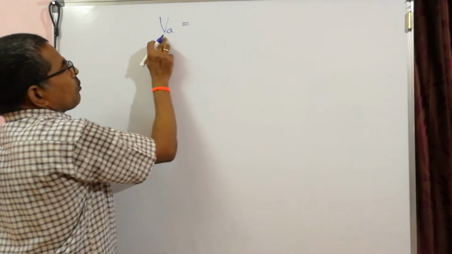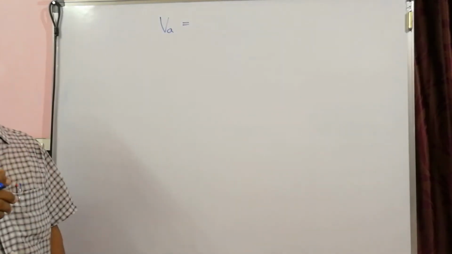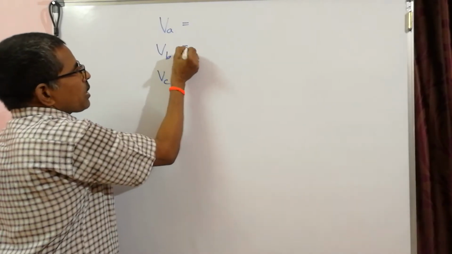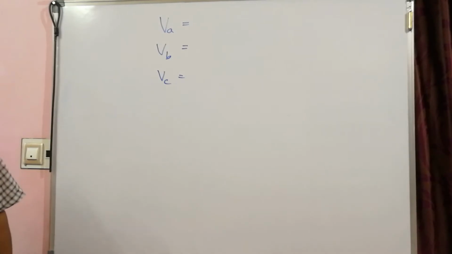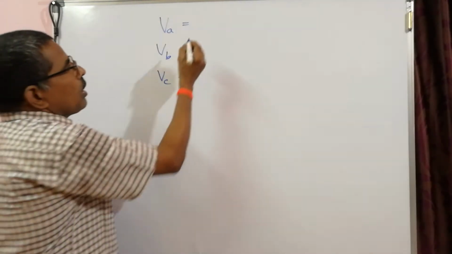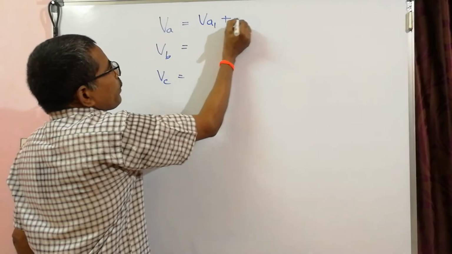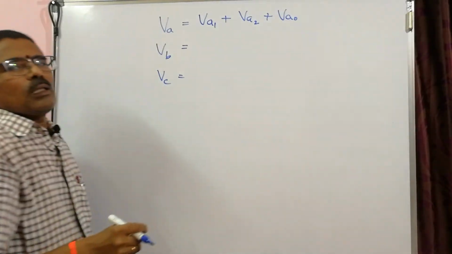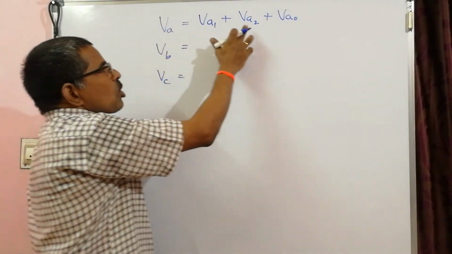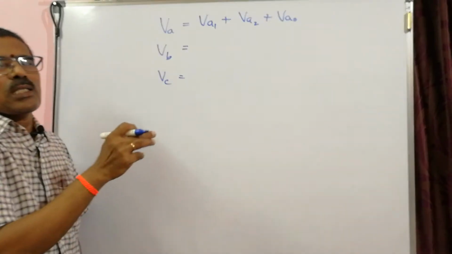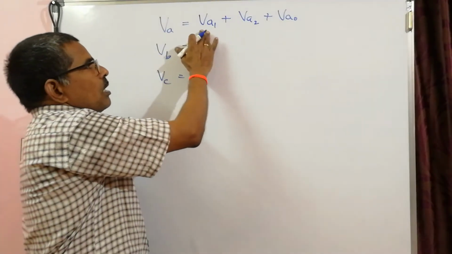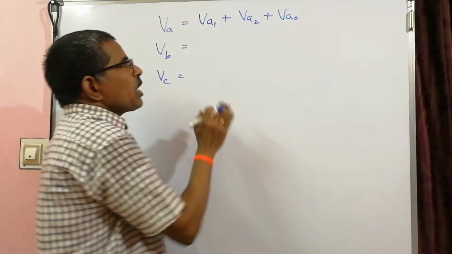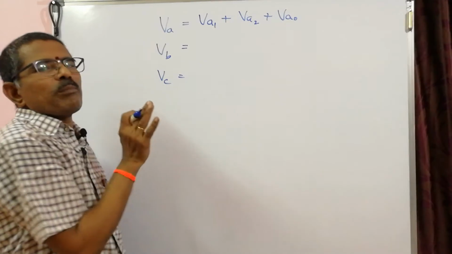VA, original unbalanced voltage of phase A, likewise VB, VC, what we considered, three unbalanced phases. What is VA? It is VA1 plus VA2 plus VA0, is it not? The unbalanced phasor can be resolved into three components of its phase: VA1 positive sequence component, VA2 negative sequence component, VA0 zero sequence component of phase A.